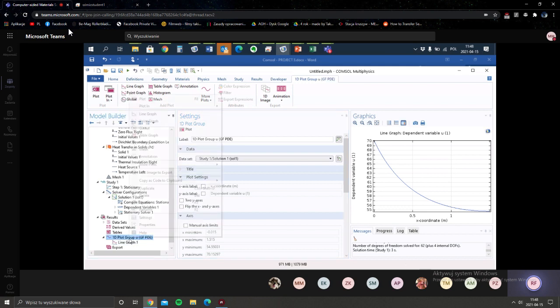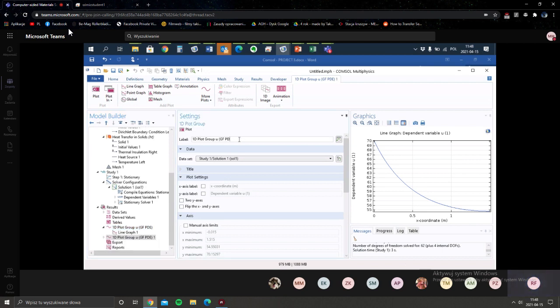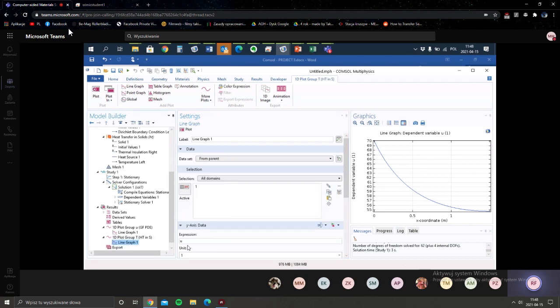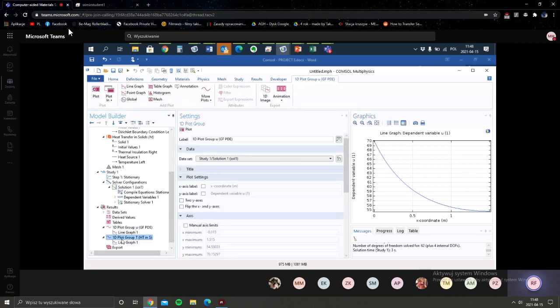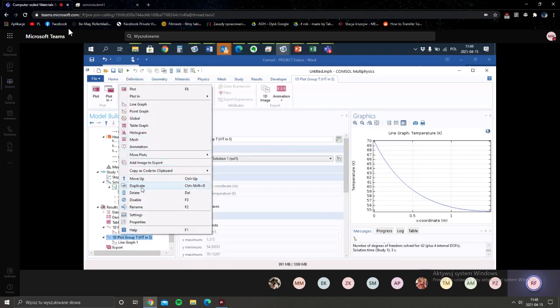And we will just duplicate this and it will be temperature, heat transfer in solids model, and this time we have to change the expression for capital T. And of course, no other changes, because they are exactly the same. And if you want to compare those results, you can create an extra graph or modify an existing one.